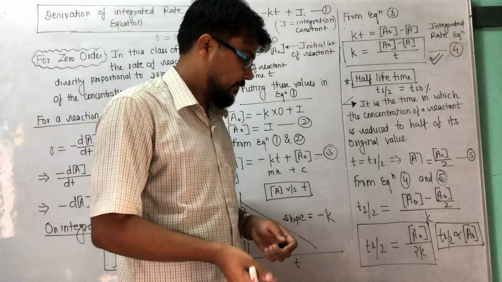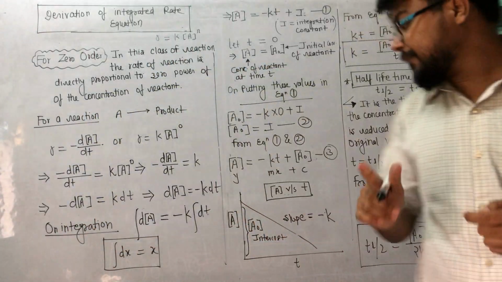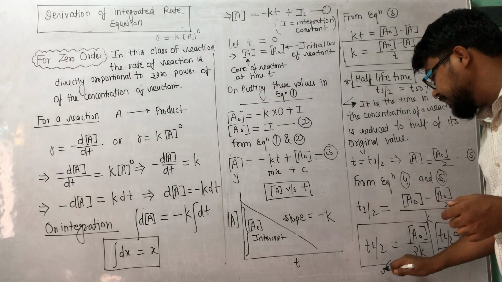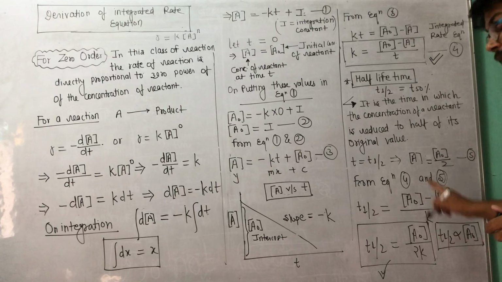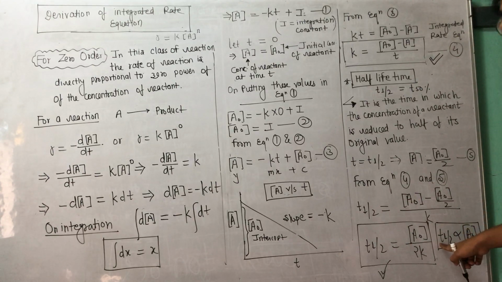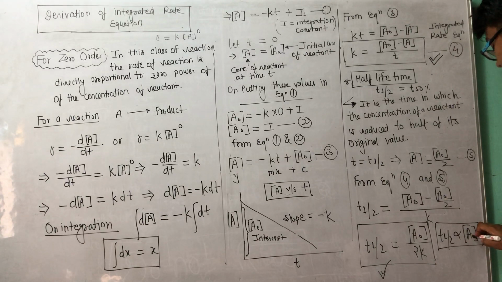What does it represent? It is the half life expression for zero order, number 1. Number 2, the half-life of zero order is directly proportional to what? The initial concentration of reactant.